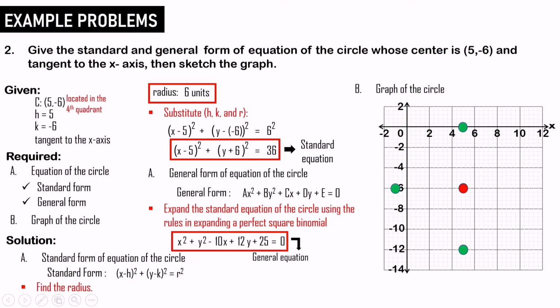Okay, and then connect the points by drawing a circle. Okay, so mo ni siya ang graph the circle whose center is at 5, negative 6 and is tangent to the x-axis. So tanawara, tangent siya sa x-axis at positive 5, 0.